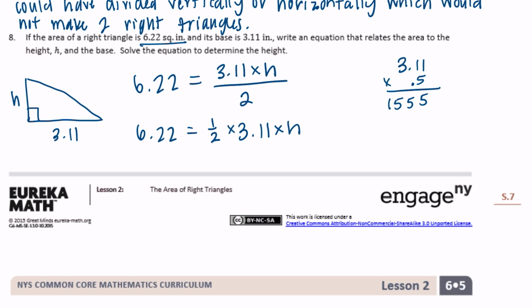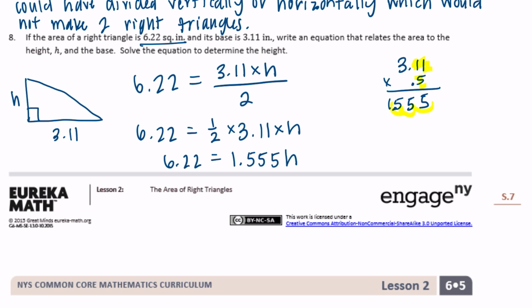There's 3 digits behind the decimal point, so let's move it over 1, 2, 3 spots. So now we have 6 22/100 is equal to 1 555 thousandths times h.